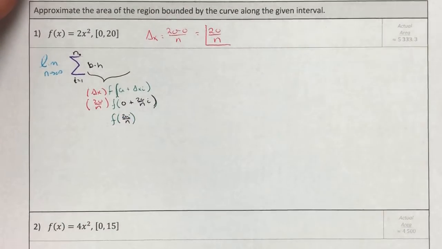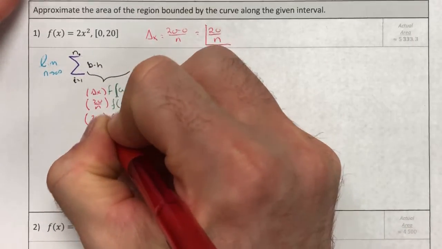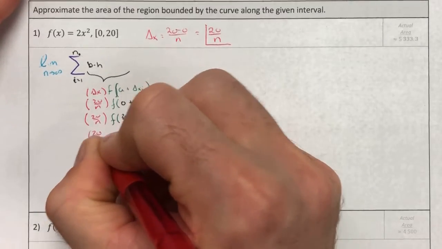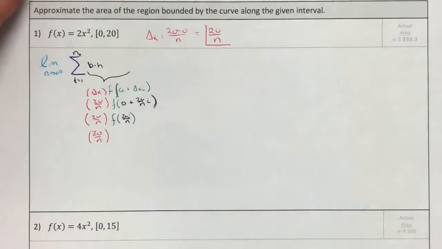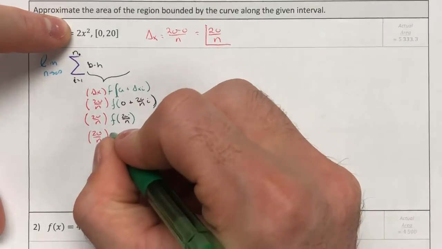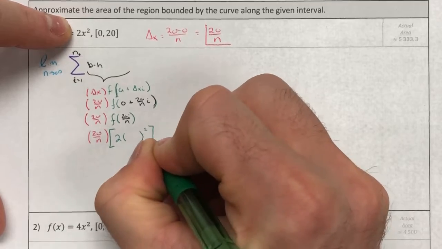I'm plugging that into my general equation, and I'm keeping the 20 over n over here. So when we plug that into our equation, which is 2x squared, I'm going to say it's 2 times that squared.